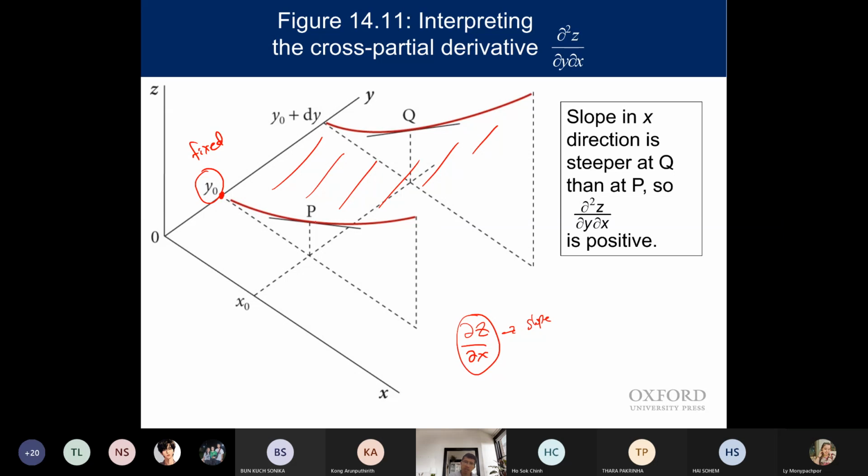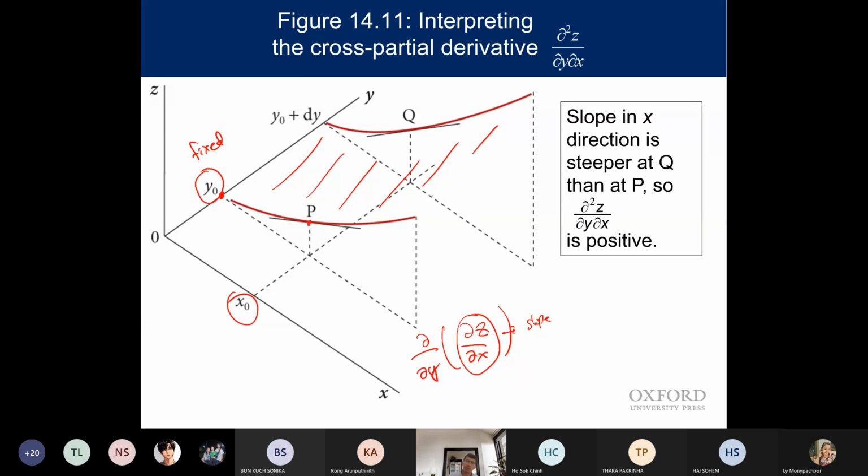The slope of this curve, let's say the slope at the point P, is the tangent line, right? So the next time you differentiate with respect to y, it's like you let y change while keeping x fixed instead.